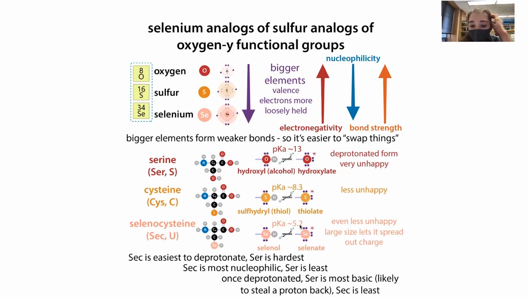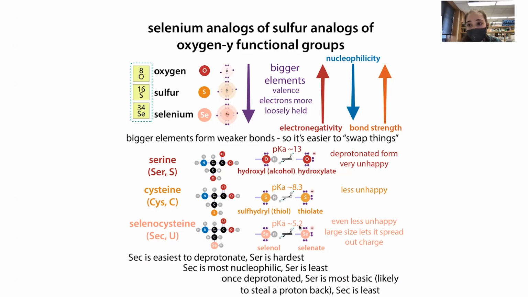When you look at selenocysteine, now your pKa is actually even below the pH of the body, because the selenate form is a lot more common than you would see with the deprotonated form of either of these guys. Because it's even bigger, this large size is going to let it spread out the charge.